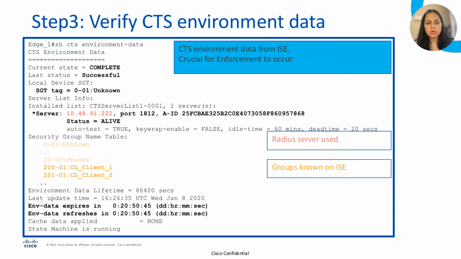The output or the screenshot that you see here is an output of an edge switch. Here the command cts environment-data shows the policy data downloaded from ICE, and I've highlighted the groups that are known on ICE and the RADIUS server that is used as well. We will be sharing this deck later after the session, so that you can keep the deck handy whenever you're doing some kind of troubleshooting.